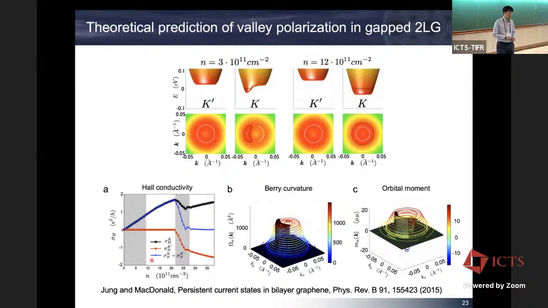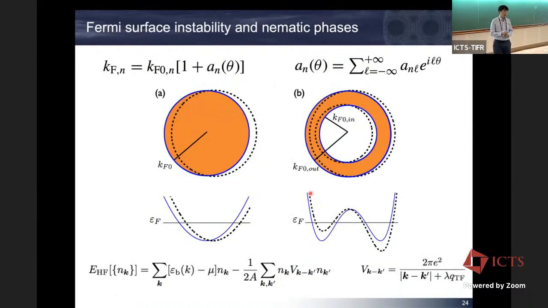And of course, when we keep increasing the density, at some point, it will come to the P4 phase where all these topological properties are gone. And so this kind of behavior, the breaking of the rotational symmetry, can be argued in terms of this Fermi ring shape, or understood as some kind of Fermi surface instability or Pomeranchuk instabilities in this multipolar expansion.